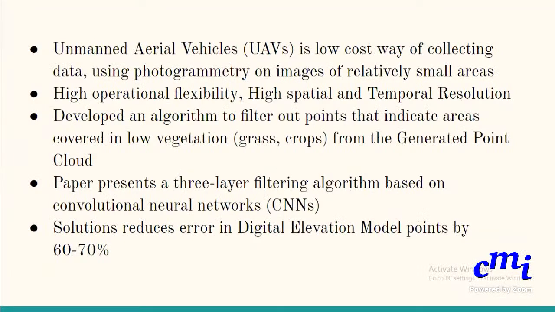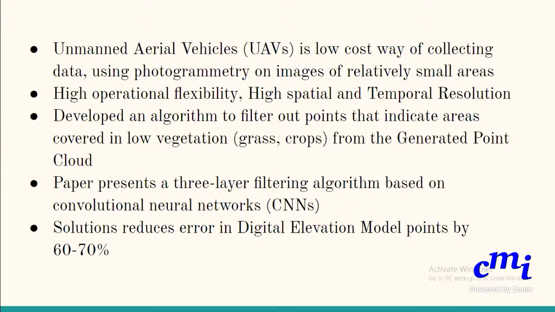UAVs are unmanned aerial vehicles, which we usually call drones. It is a low-cost way of collecting data using photogrammetry on images of relatively smaller areas. The advantages of using UAVs are high operational flexibility and high spatial and temporal resolution.